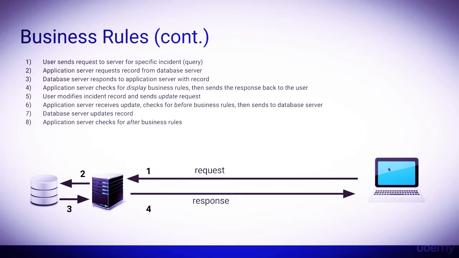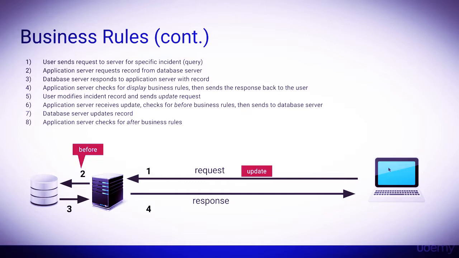Once the user receives the response, they modify the incident record, and then they save the record to the database, which sends a request to the application server with the provided information. The application server receives the request, checks for before business rules, and then sends the data to the database server where it will update the record.